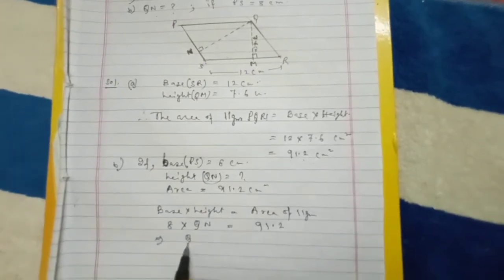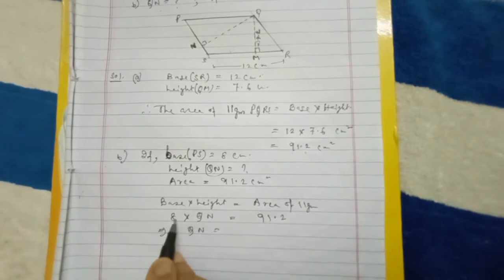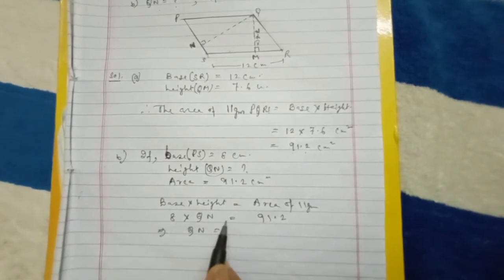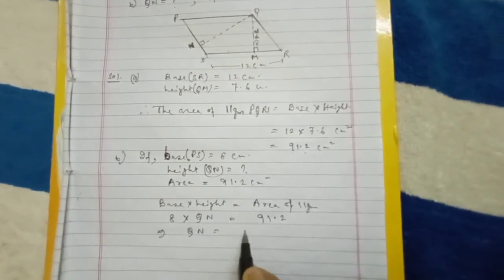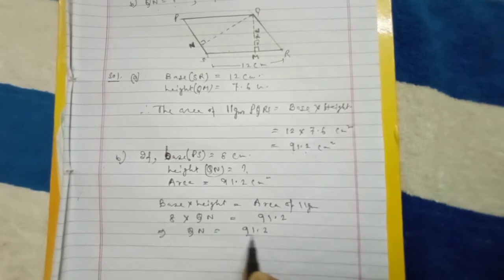Now, by using the simple equations idea, 8 is multiplied with QN, so QN is 91.2 by 8.